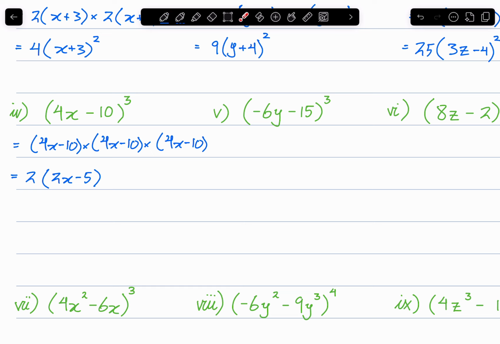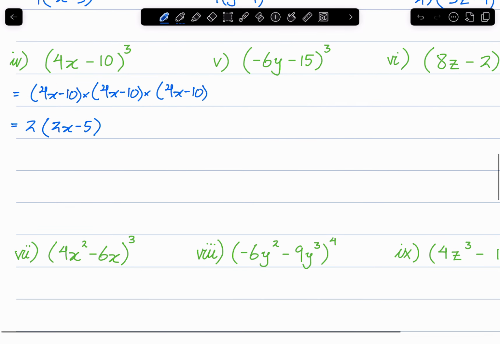Now remember, for this one, this will happen 3 times. So now here comes the shortcut. Rather than trying to write the remaining, we can simply know that there's going to be 2 more times this one. So it's actually 2 cubed, which gives us 8 times 2x minus 5 cubed.